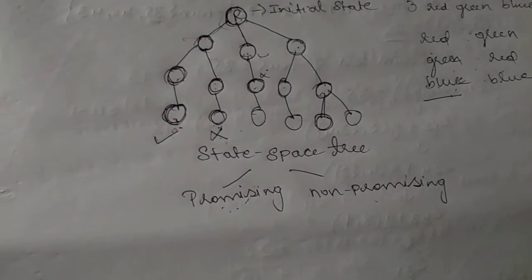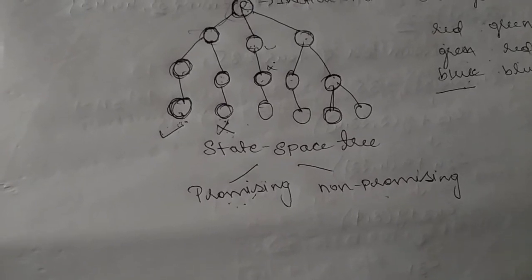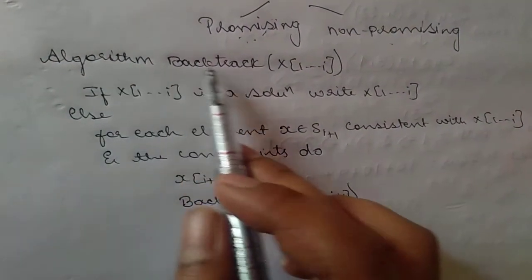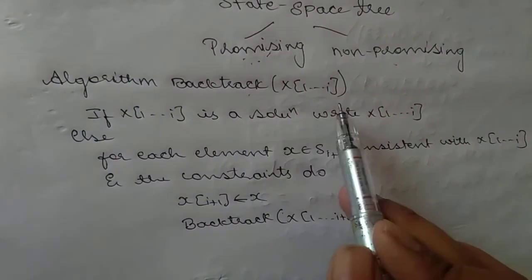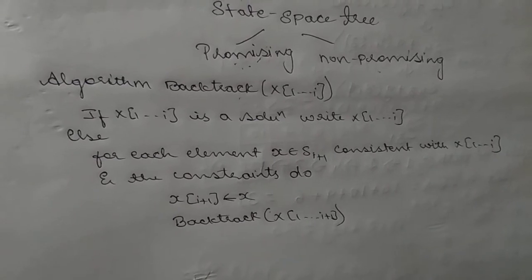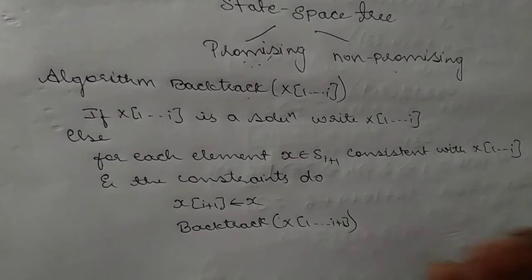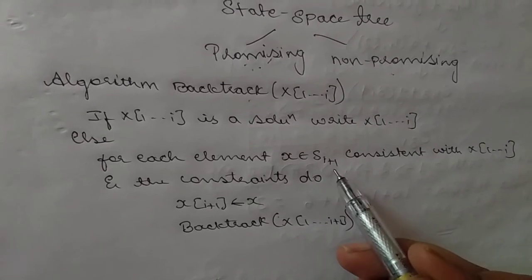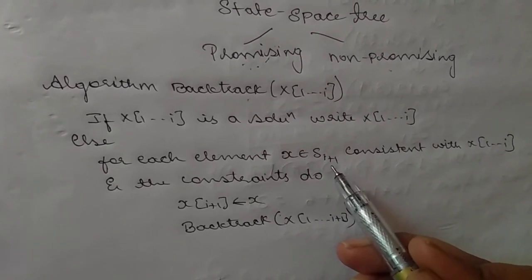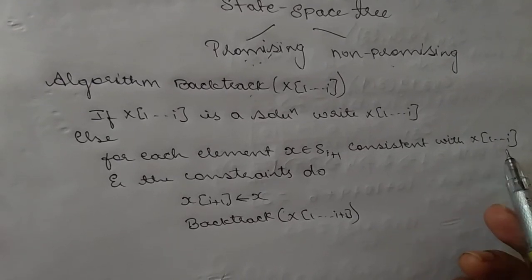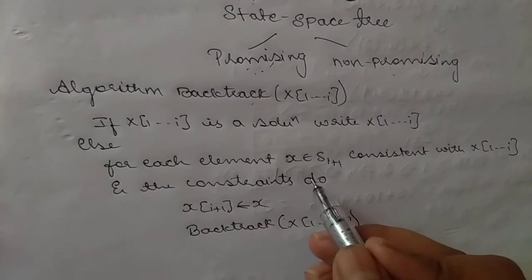Now a simple algorithm we'll see for backtracking. So this is the algorithm we have. Algorithm backtrack x of 1 to i. If x of 1 to i is a solution, write this one. If this is not a solution, else for each element x belonging to S i plus 1, consistent with x of 1 to i and the constraints.